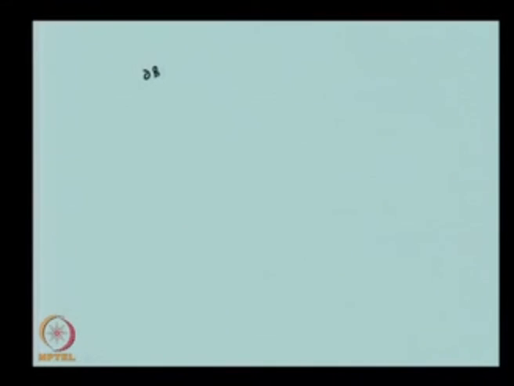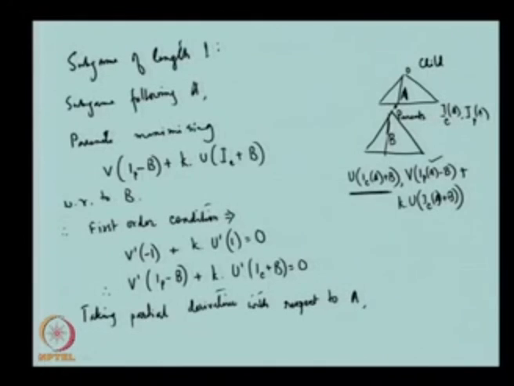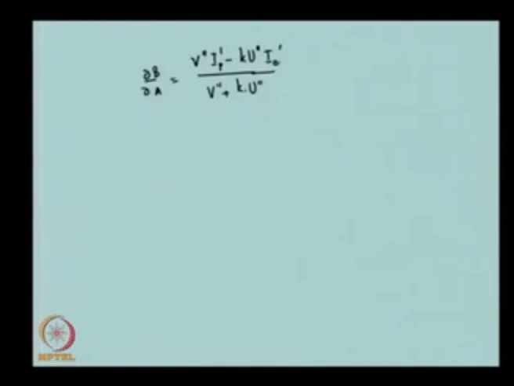And if we do that, after some manipulation, we get this relation. It is V prime IP dash minus K U double prime IC dash divided by V prime plus K U double prime. Now this is what is known by the child, that the parents are maximizing their payoff here, and now taking that into account, the child is going to maximize his payoff.